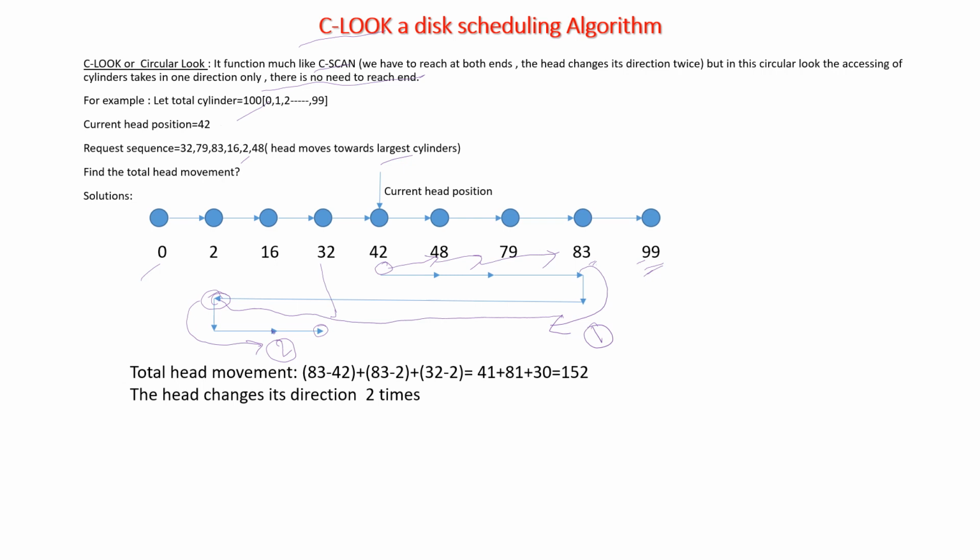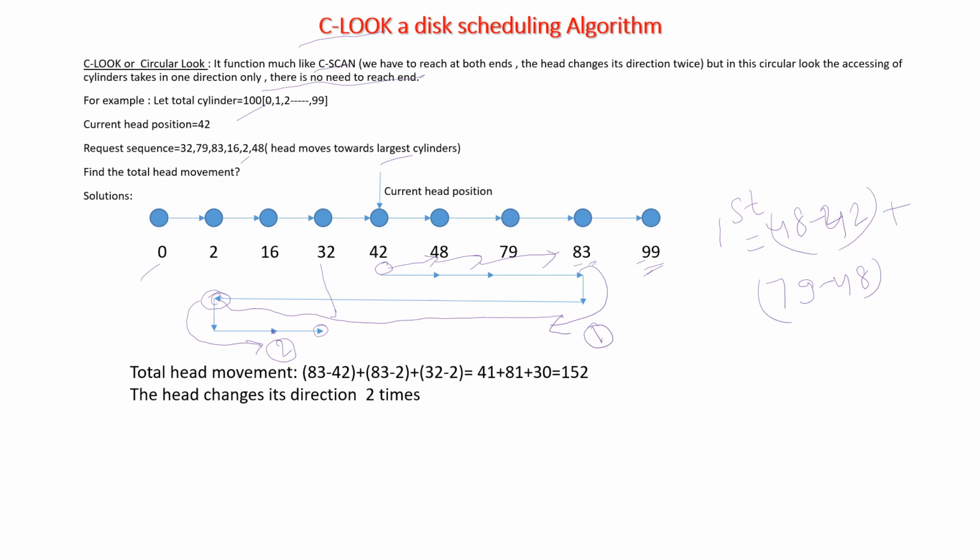We can calculate total head movement in two ways. First method: 48 minus 42, plus 79 minus 48, meaning from the larger cylinder we subtract the lower cylinder nearer to it.